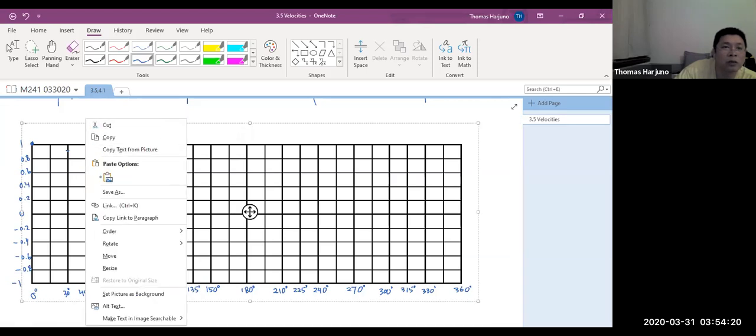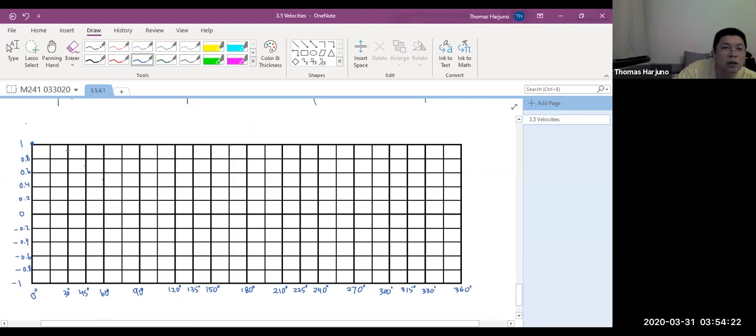I make a note. And then cosine 60 degrees, 0.5. Cosine 90 degrees is 0. Cosine 120 degrees is negative 0.5. Cosine 135 degrees, negative 0.71. Cosine 150 degrees is almost negative 0.9.